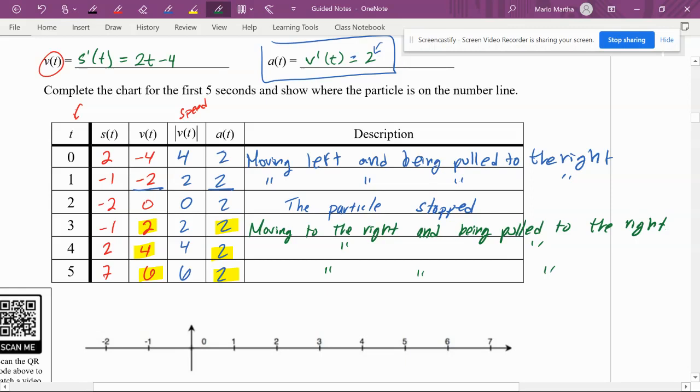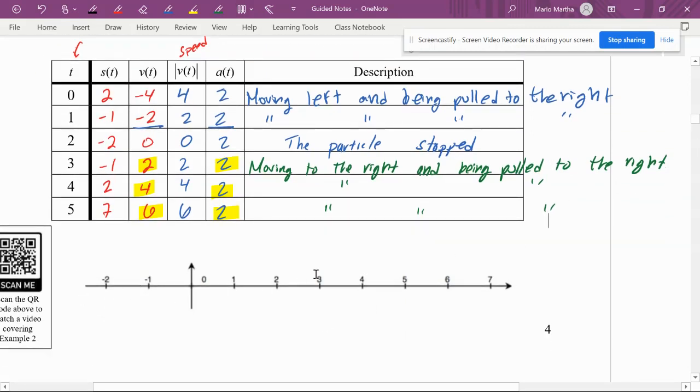And then we want to do the graph for this, right? So for our position, this would be the bottom one. So this is for s of t. Okay, so we're going to do that first. So here we're looking at 2. So that was first right there. And that's when t equals 0. Negative 1 is when t equals 1.